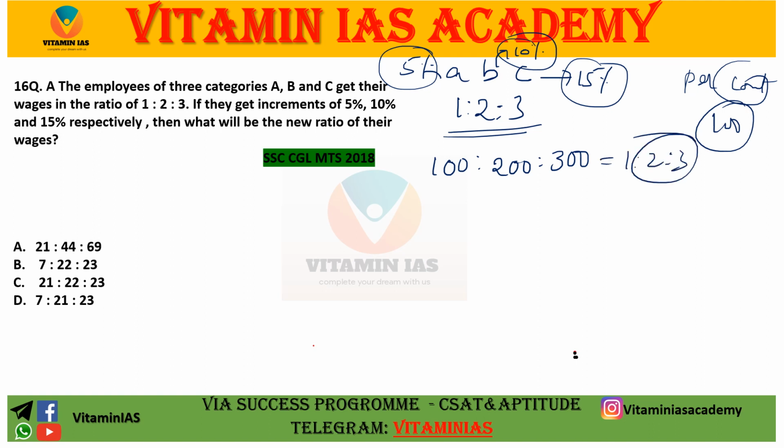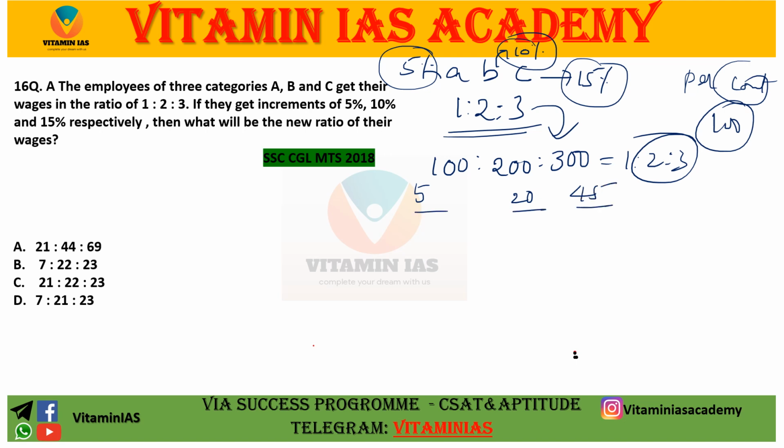So for our convenience we are taking 100:200:300. 5% of 100 means 5. 10% of 200 means 20, and 15% of 300 means how much? 45.